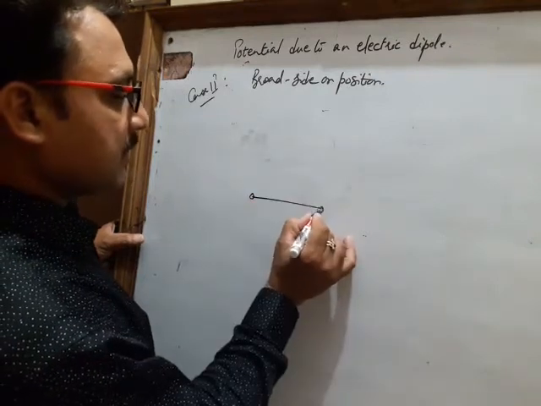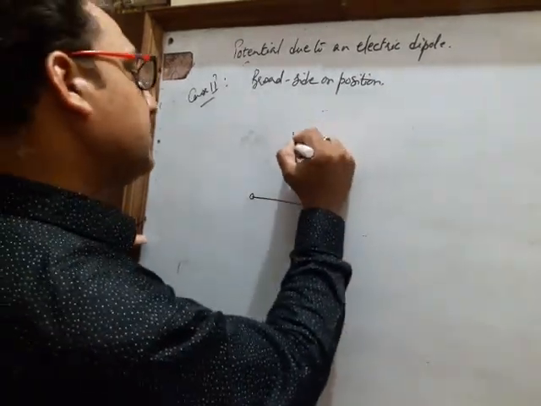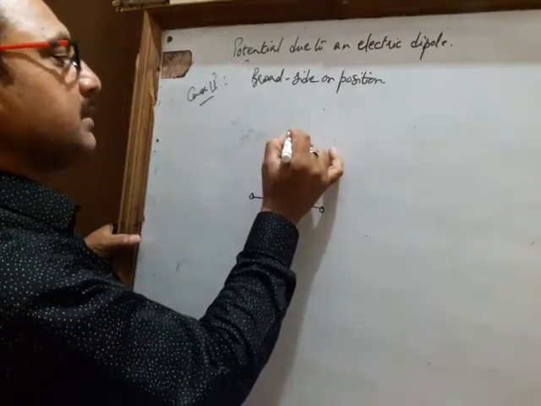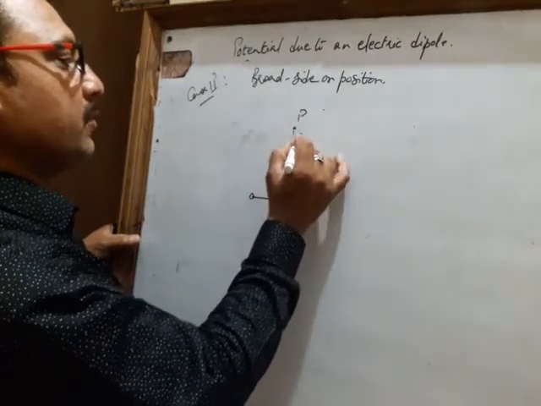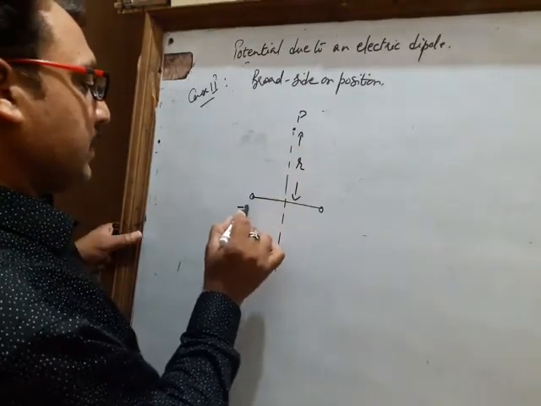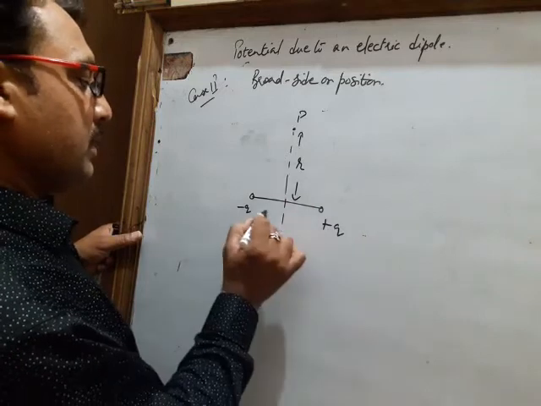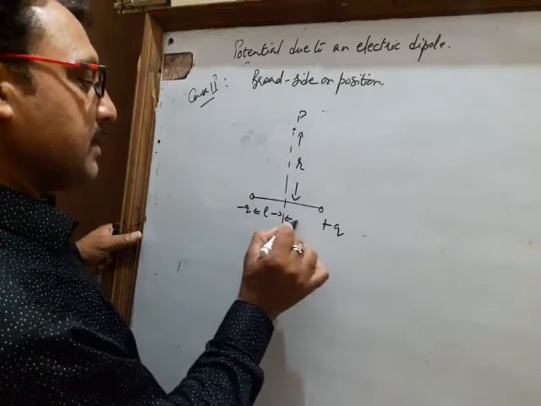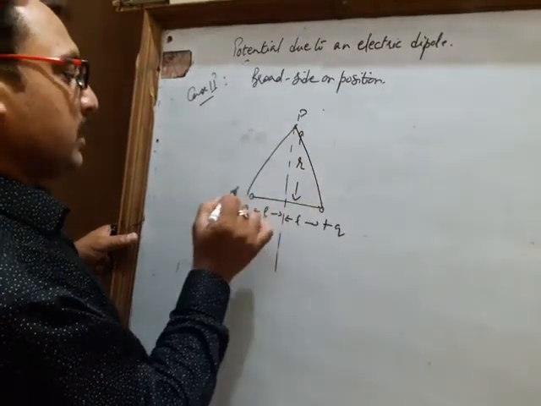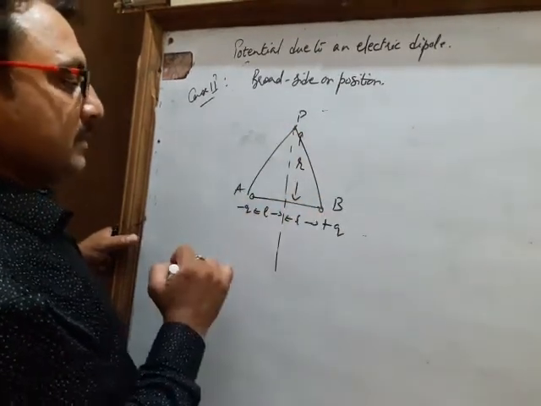So this is the dipole and this is the line which is passing through the center and perpendicular to it, and on this line we take a point P which is at a distance r from this. So this is minus q and this is plus q, this is L and this is L. You make this triangle, you mark this AB like this.